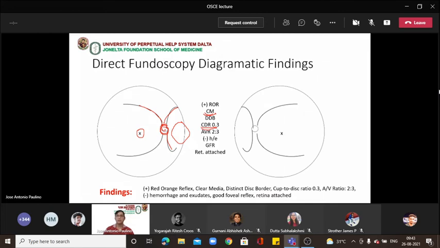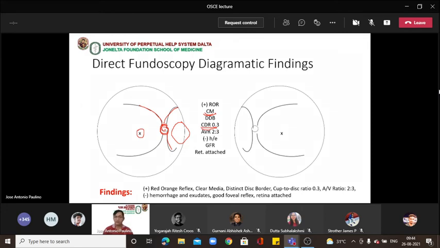The next part is the AV ratio, or comparing the arteries and the veins. Usually the finding should be 2:3. If we have an AV ratio of 1:3 or 1:2, that points us to a diagnosis of hypertensive retinopathy.